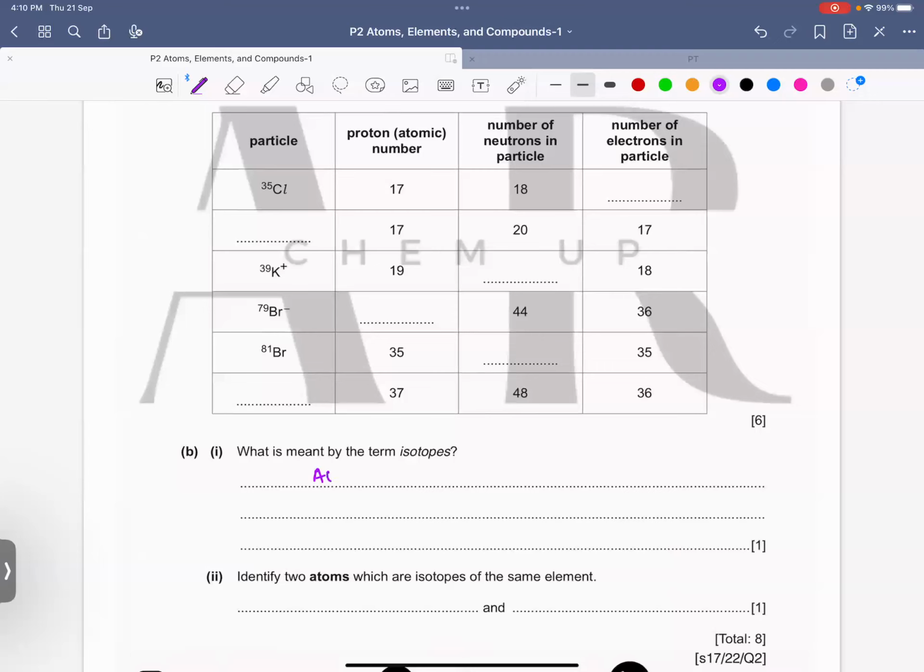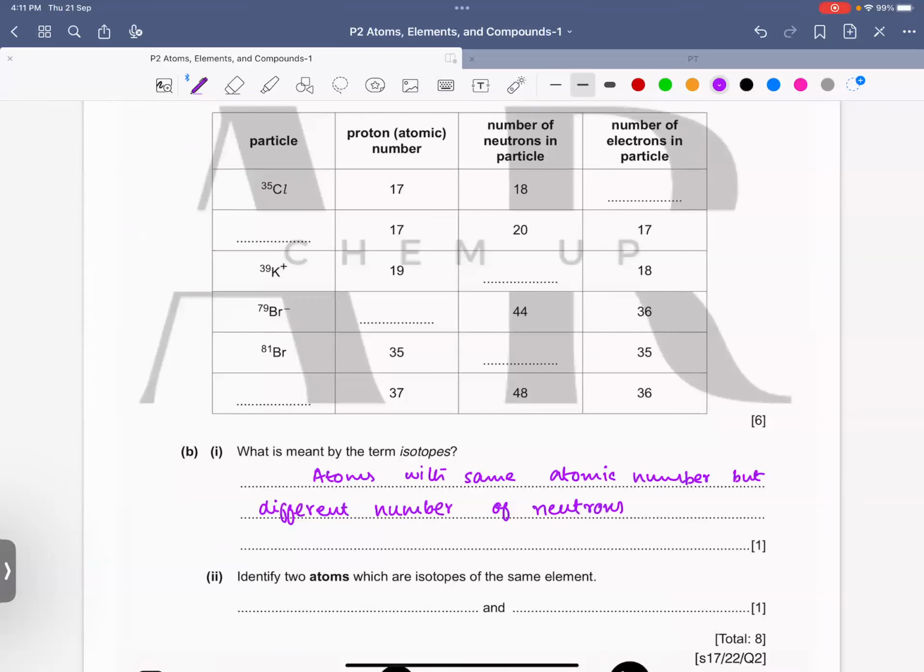So, atoms with the same atomic number, which means number of protons, but different number of neutrons.